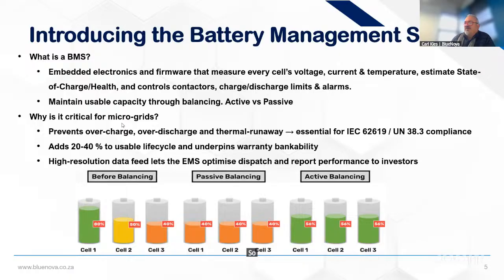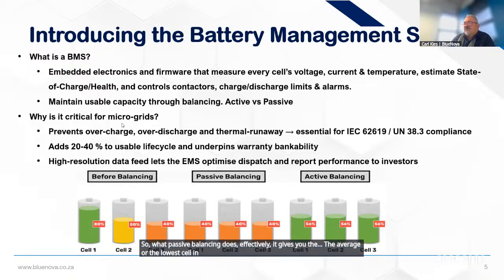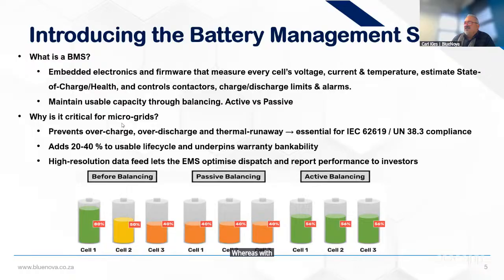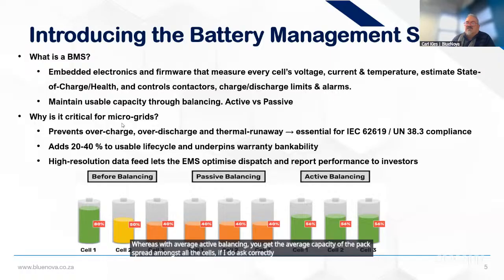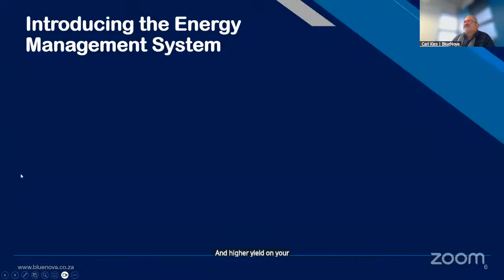So what passive balancing does effectively is give you the average of the lowest cell in the pack. That's not very efficient. You end up wasting energy in that balancing. Whereas with active balancing, you get the average capacity of the pack spread amongst all the cells if it works correctly, which results in more energy efficiency and higher yield on your investment.